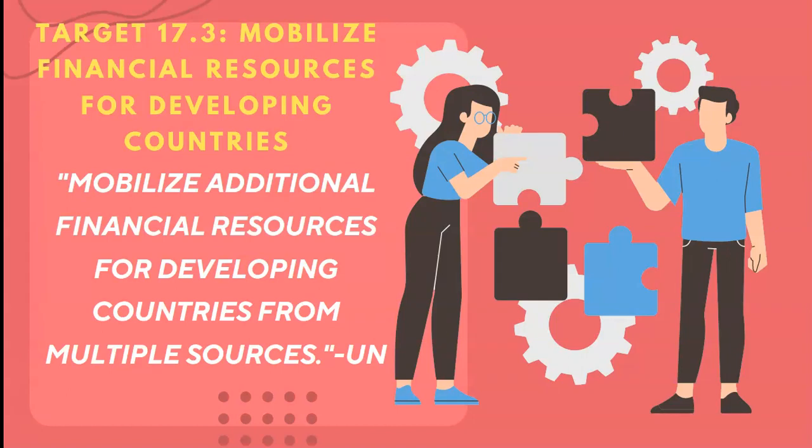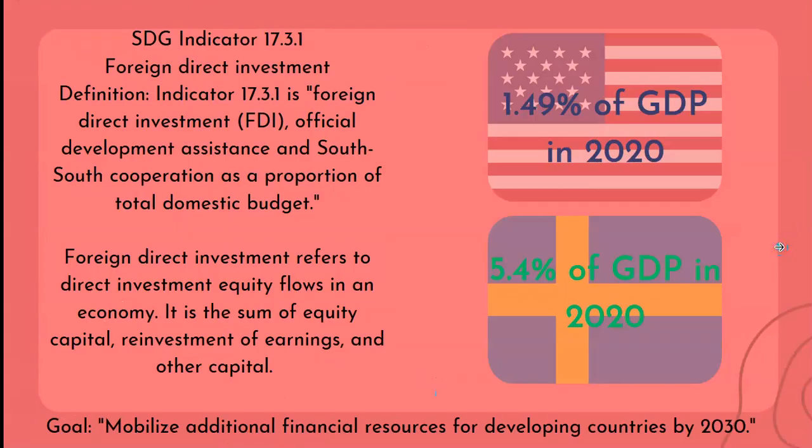With Target 17.3, it still continues on with mobilizing financial resources for those developing countries. So foreign direct investment, official development assistance and South-South cooperation as a proportion of total domestic budget.